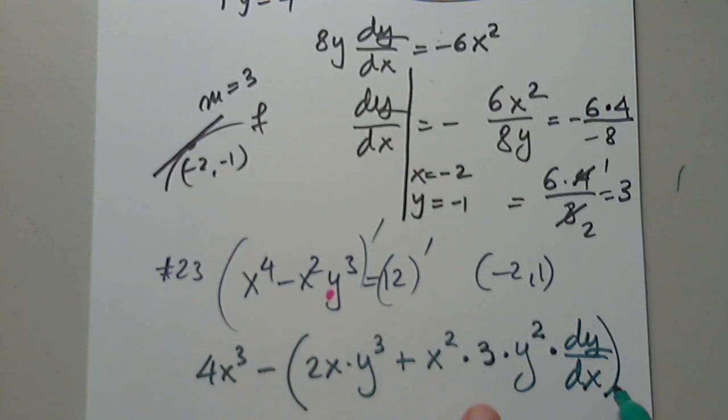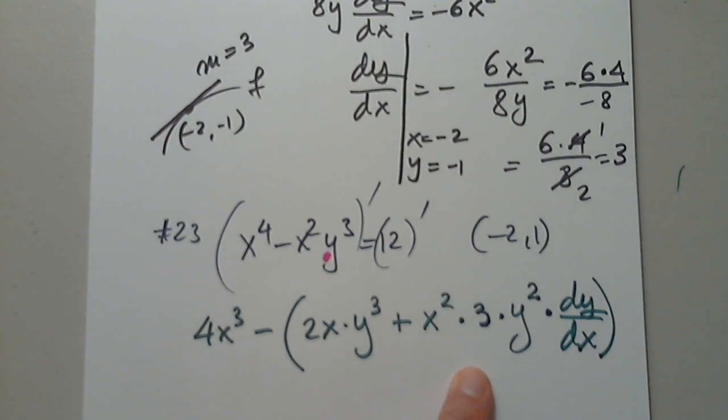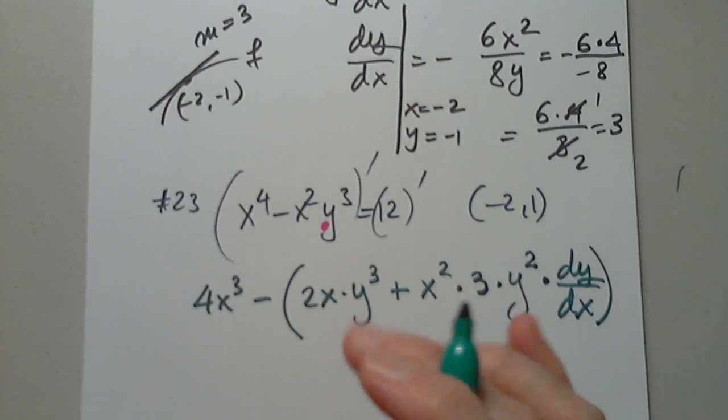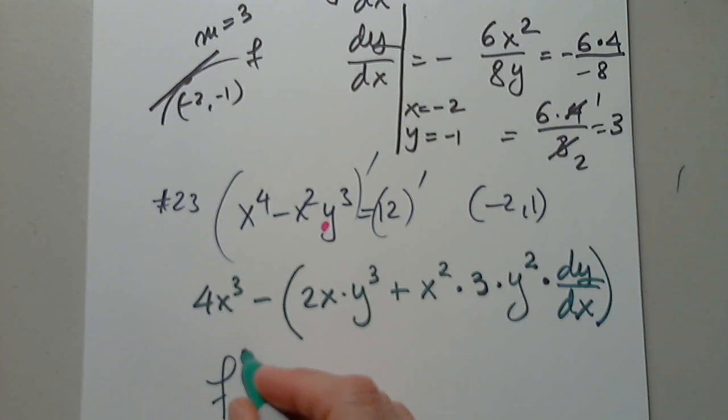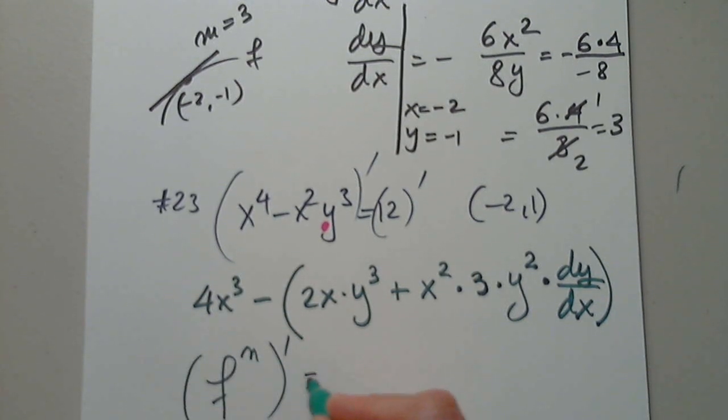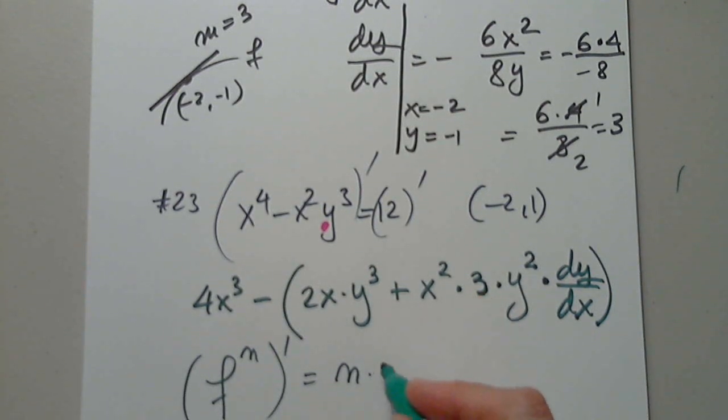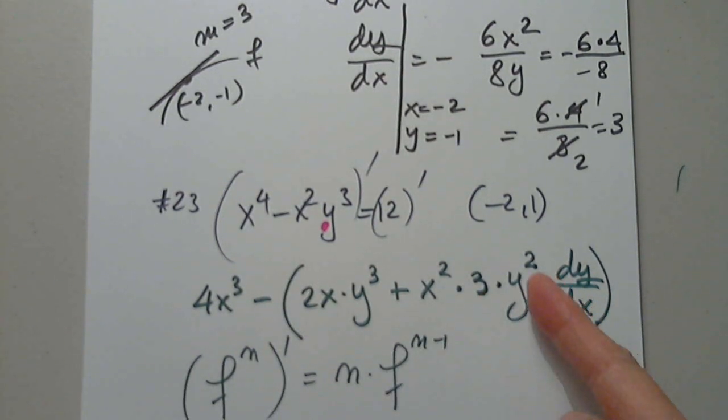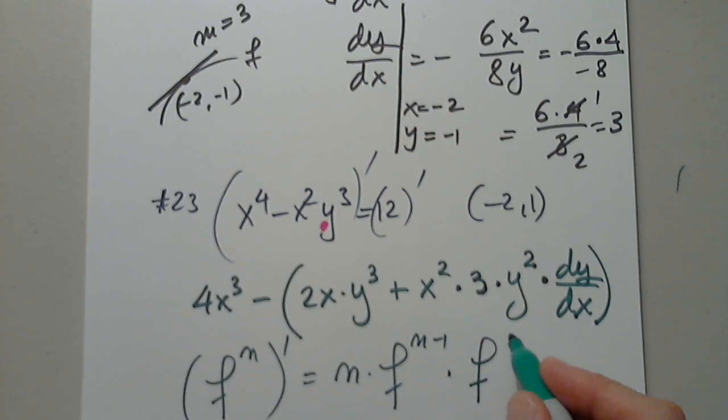Should I do this part again? Yes, could you? Yes, of course. So remember, the function to the nth power is n times f to the n minus 1, the function to the n minus 1, times the inner function prime.